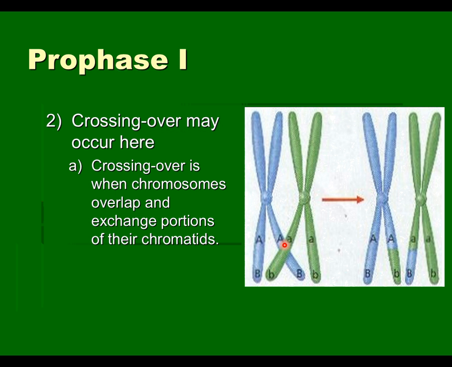So this crossing over is when we have genetic information that has been exchanged between chromatids. So this might be the father, this might be the mother. The mother and the father exchange genetic material here, and at the end we have 2 chromosomes that are genetically different from their parent.